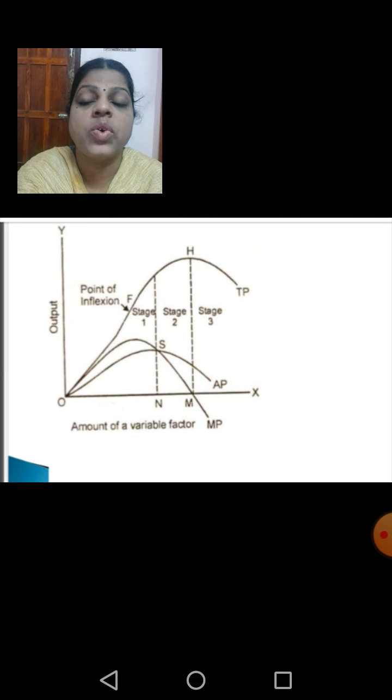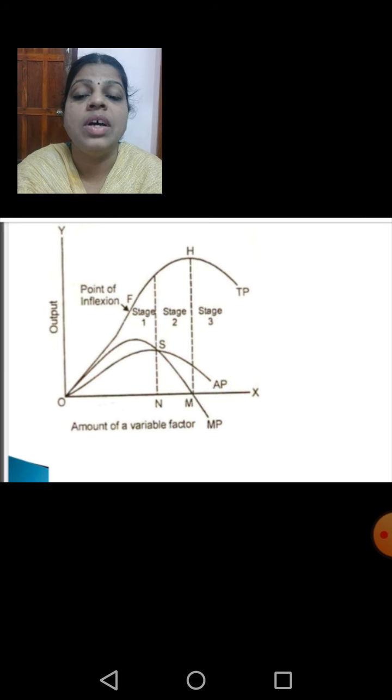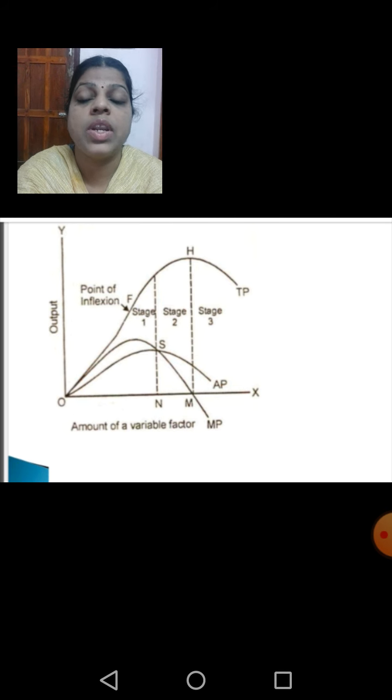So children, actually this is the relationship between the AP and the MP, and it is precisely given in the graph also. So the first one, TP: in the production schedule, I have explained about the TP, MP and AP. The TP here is the total product curve, the AP is average product, and the next one is the marginal product curve.